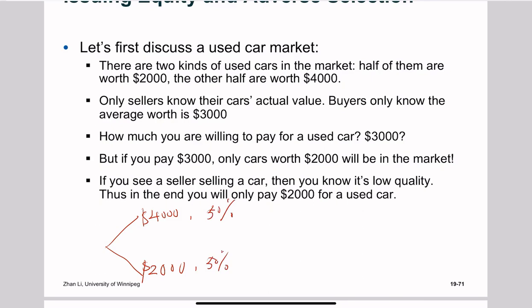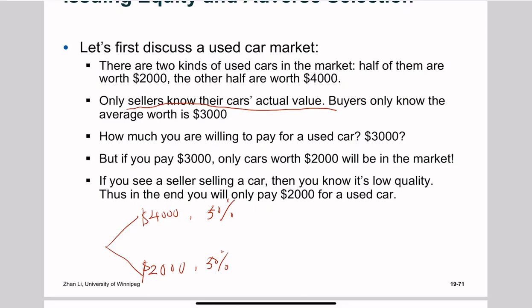Now, this used car market has asymmetric information. So you can imagine that in a used car market, sellers will understand their car's actual value, right? This is true in real life. Only the seller would understand whether this car has some mechanical problem or whether the car has been in an accident. And from the buyer's perspective, they don't really know whether a specific car is worth $4,000 or $2,000.